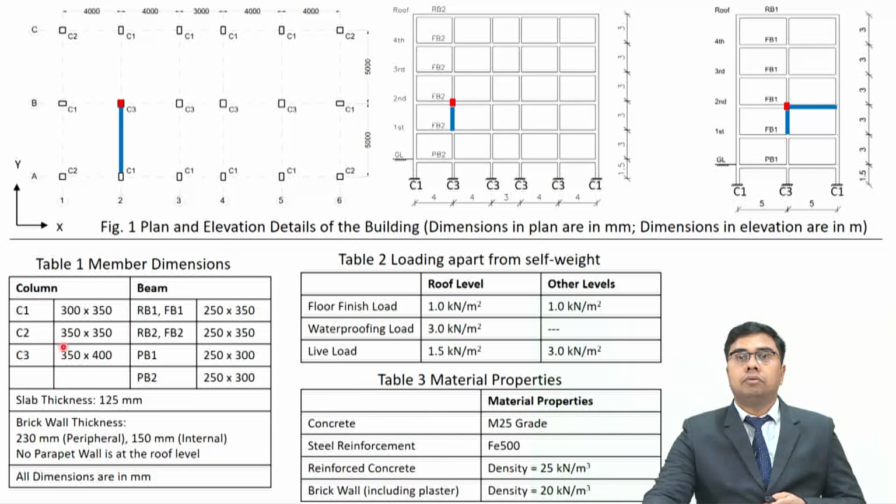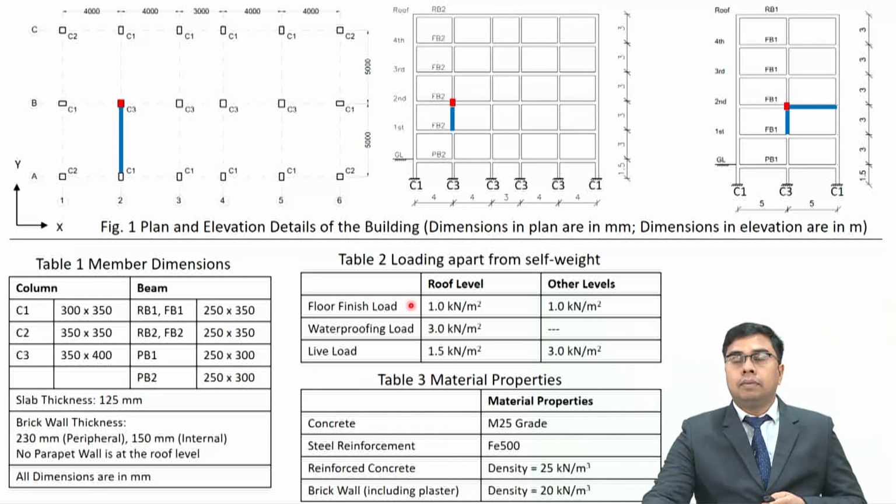We have already talked about C1, C2 and C3. So, these dimensions are given to you. All the slabs are 125 millimeters thick. The brick walls on the periphery are 230 mm thick, while the internal brick walls are 150 mm thick. Further, there is no parapet wall at the roof level.